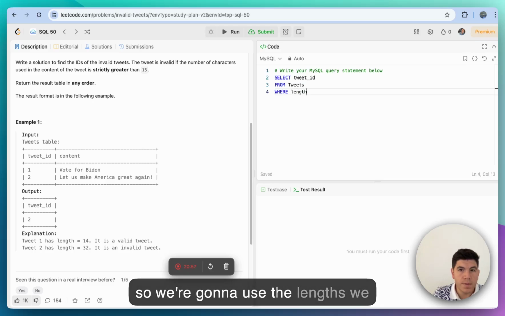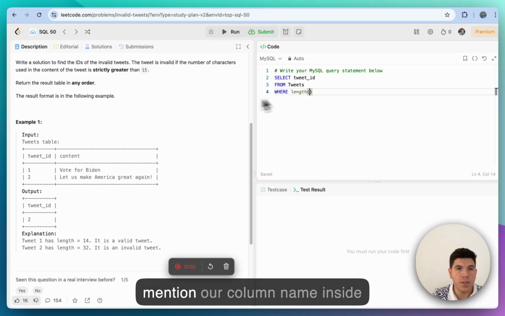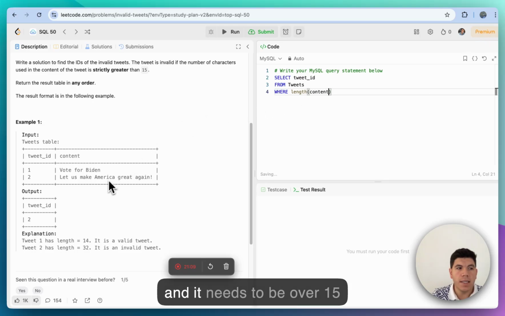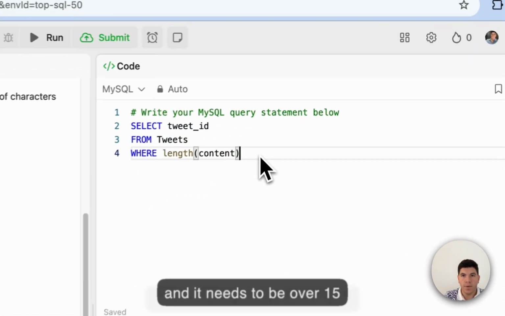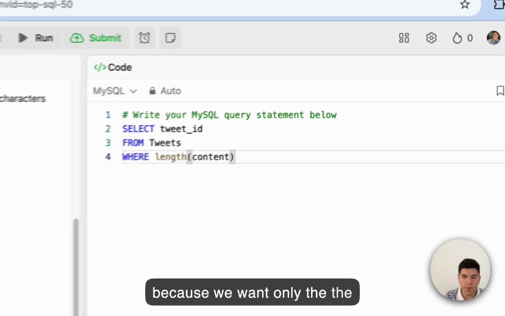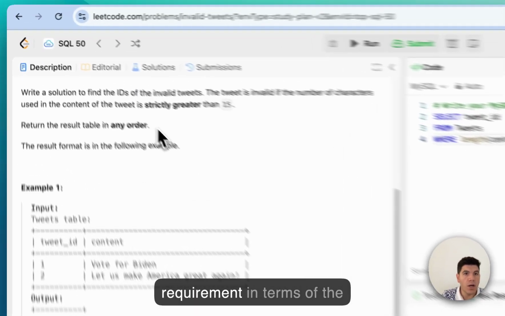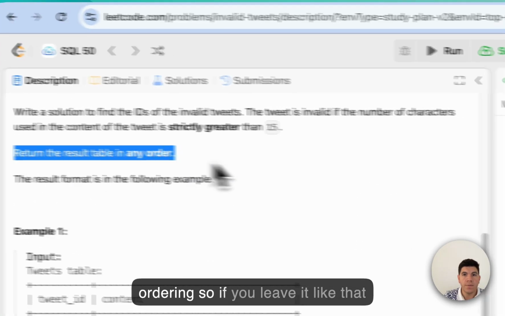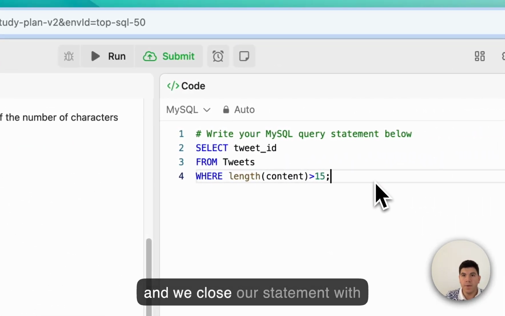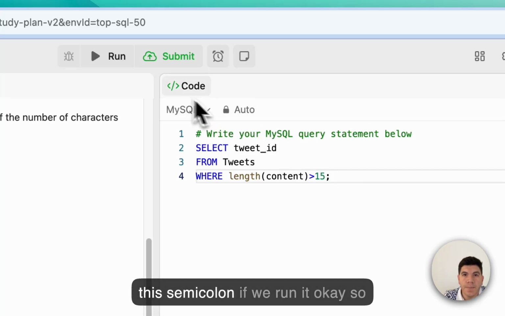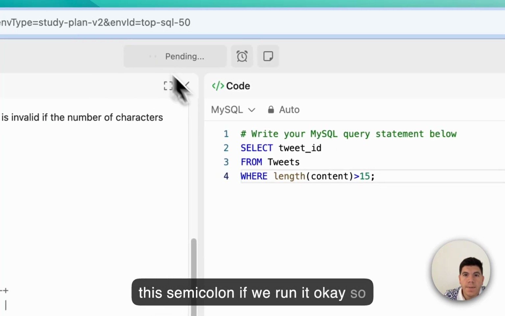We open the brackets and mention our column name inside, which is content, and it needs to be over 15 because we want only the bigger tweets with over 15 characters. Since there's no requirement in terms of ordering, we leave it like that, and we close our statement with a semicolon. We run it.